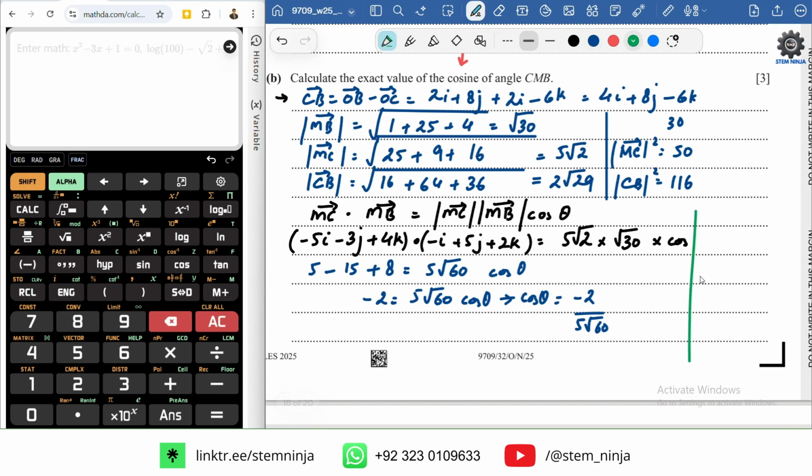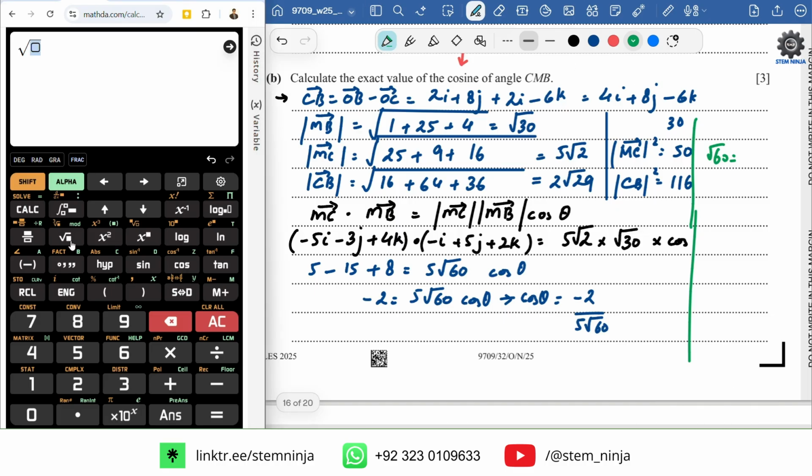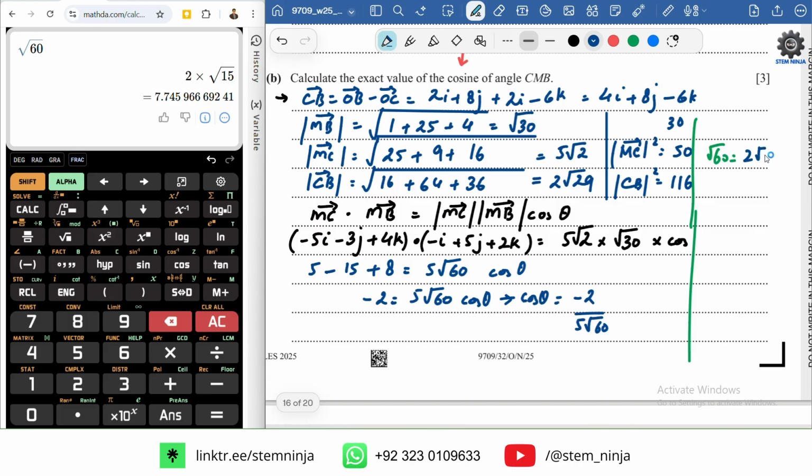So let's see if we can rationalize this, or at least simplify that. So root of 60 is 2 times by 3 times by, wait. I think we can just simply plug it in over here. So 2 root 15, right? So this would mean that this is times by 2 root 15 over root of 60.